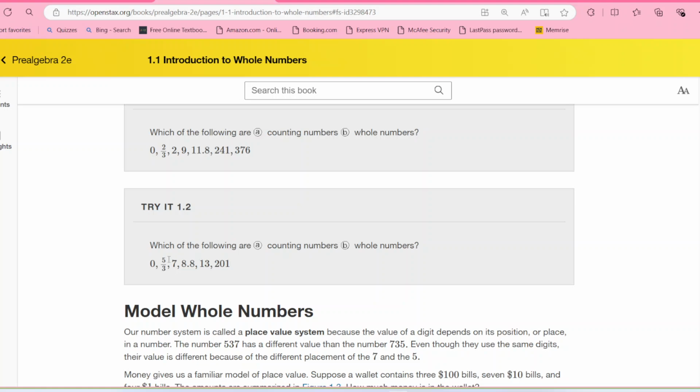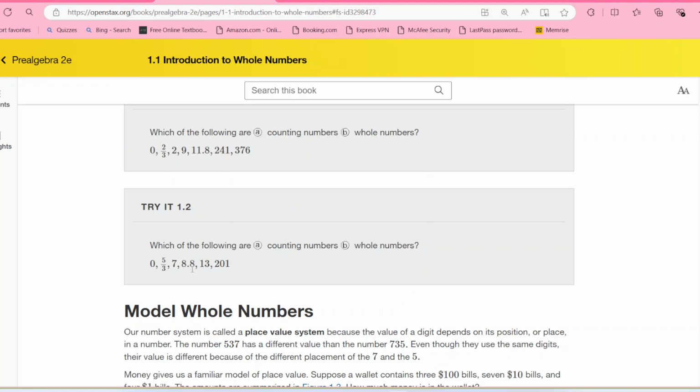Again, you have a fraction here, 5 divided by 3 with a numerator and denominator. Again, we'll talk about fractions at a later video, later section. Then you have the number just 7, and it's not a fraction, doesn't have a decimal point with some other number to the right of it. So that's a counting number, and therefore also a whole number.